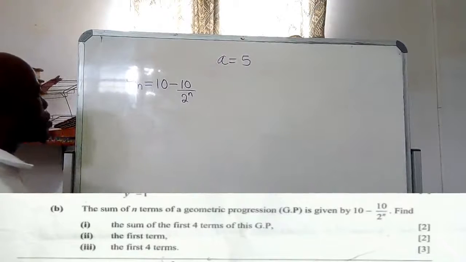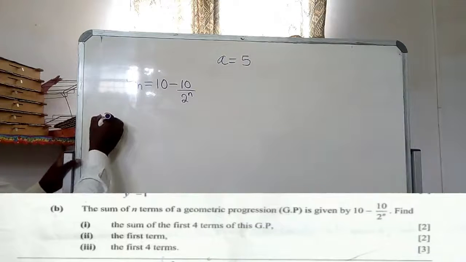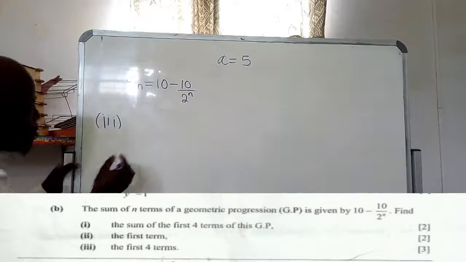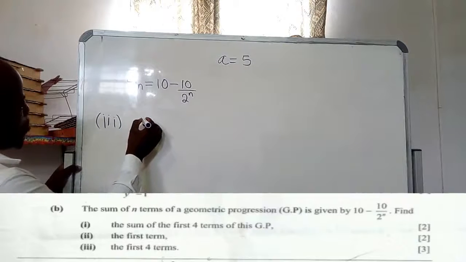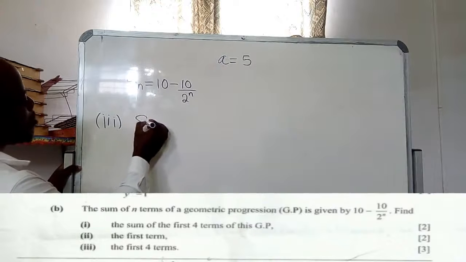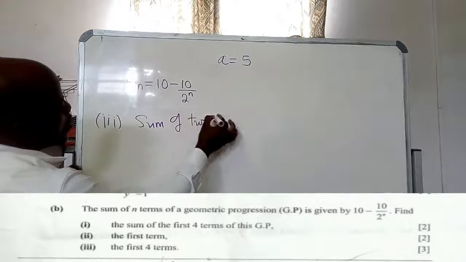Alright, for the next question, they're asking us to find the first 4 terms of the sequence. For us to find them, we will first find the sum of 2 terms.